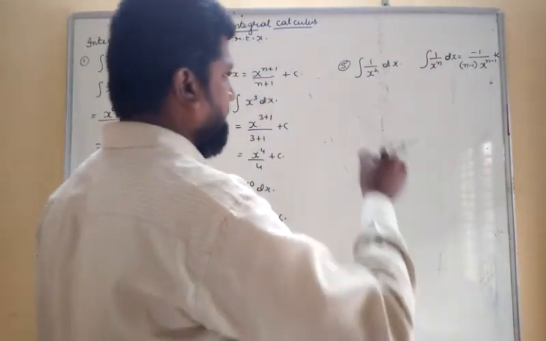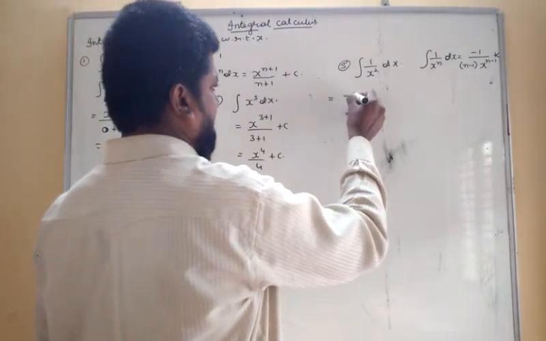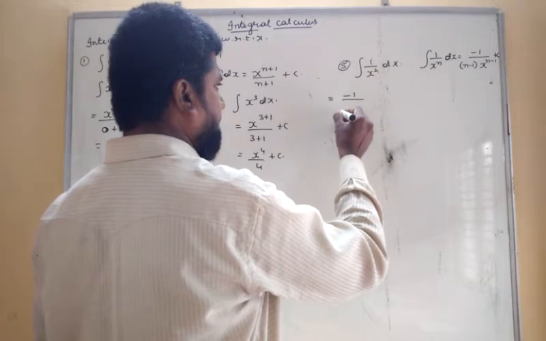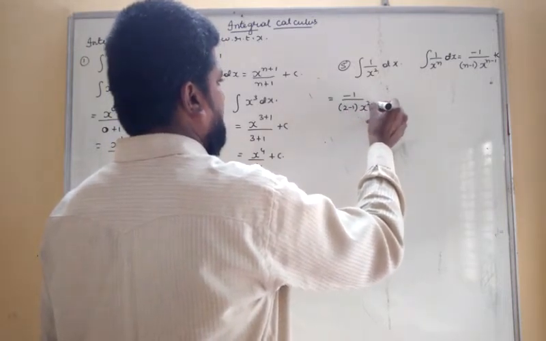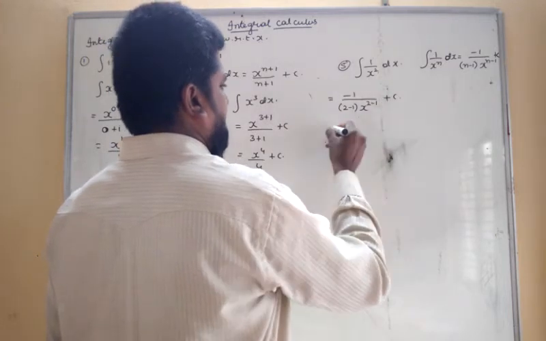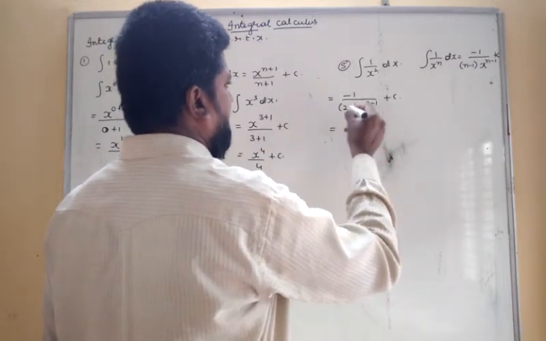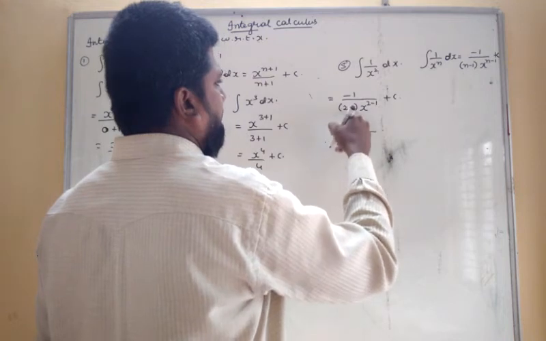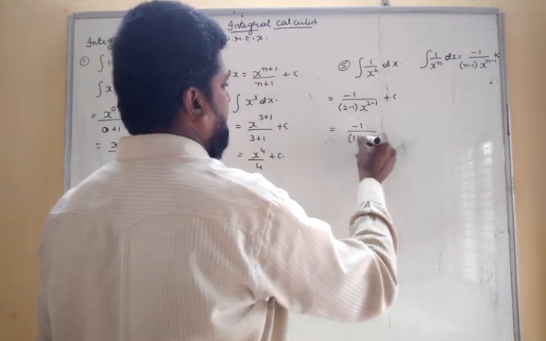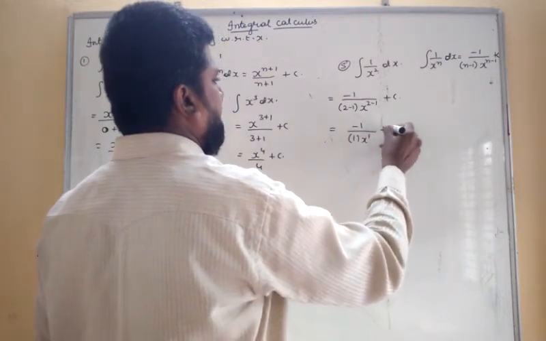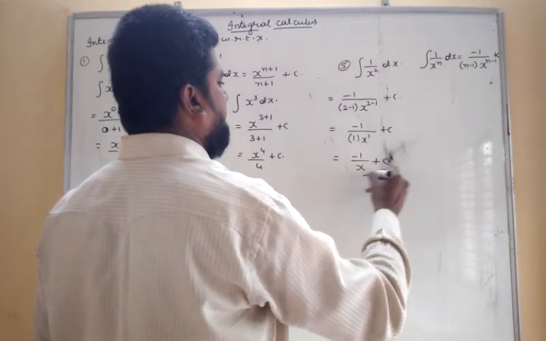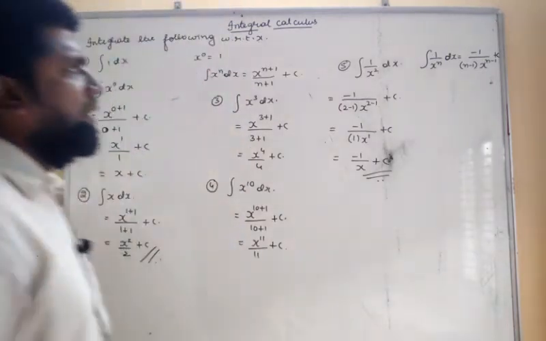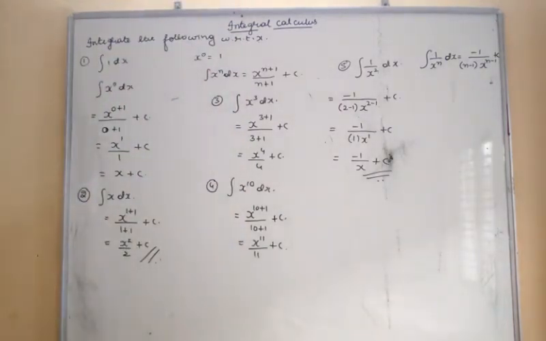Applying it, in the numerator we write minus 1, in the denominator 2 minus 1 into x to the power of 2 minus 1 plus c, that is equal to minus 1 by 1 into x to the power of 1 plus c, which can be written as minus 1 by x plus c.